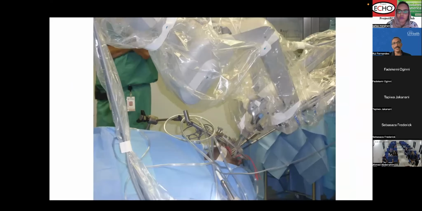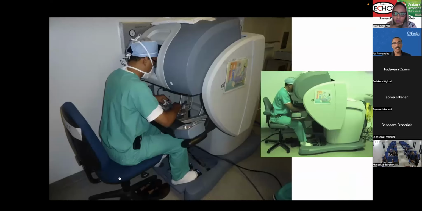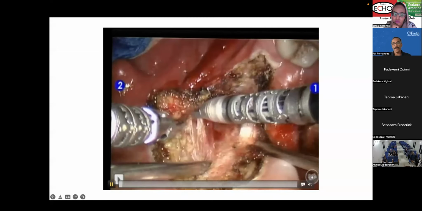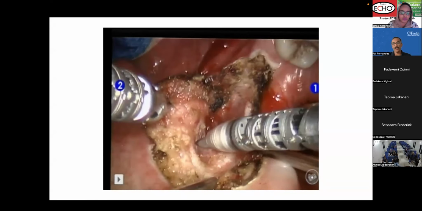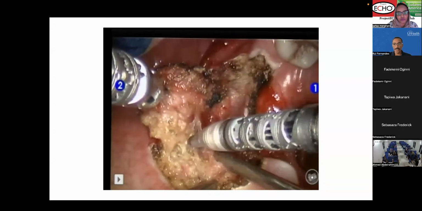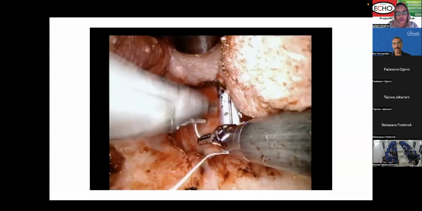The way that we set this up is that, once we dock the robot, as you can see here, then the surgeon goes and sits in the console, and then you can carry out the resection robotically, as you can see here, and you can do the surgical intervention within the oropharynx, so sites where it's a little bit more difficult to get to, without having to do, again, these big access, and allows you to resect the tumor. And you can also carry out the reconstruction, the suturing with the robotic.